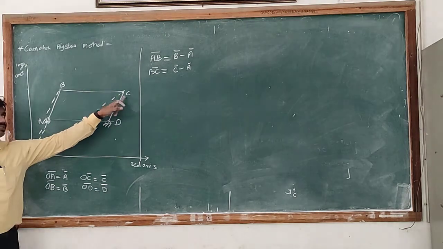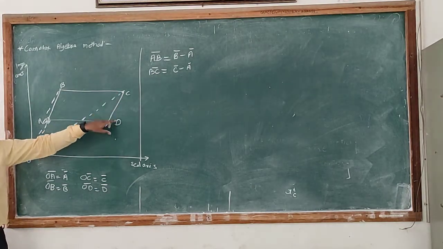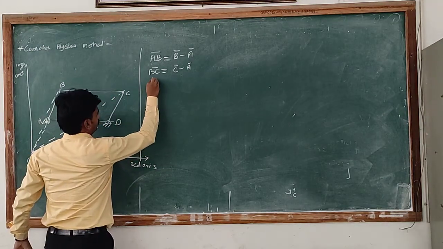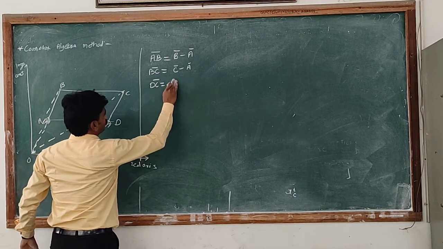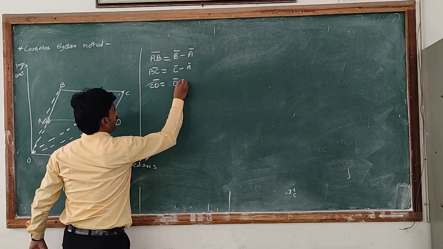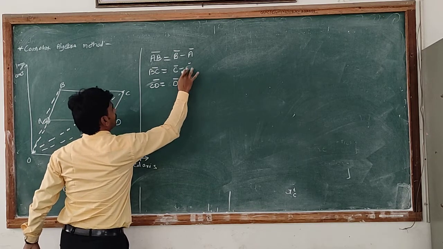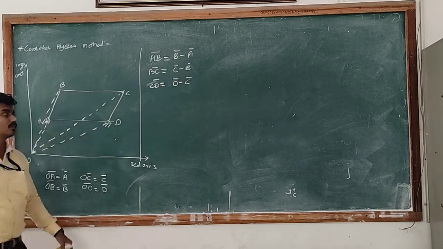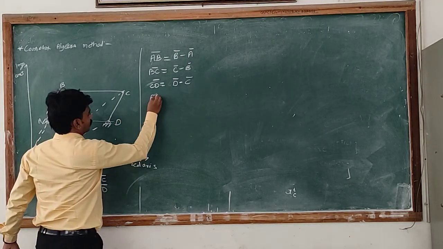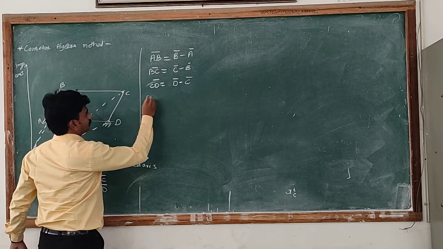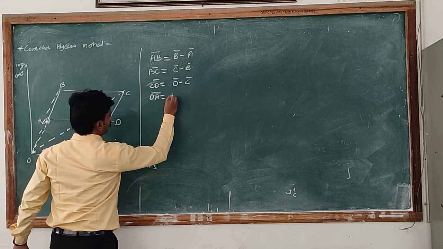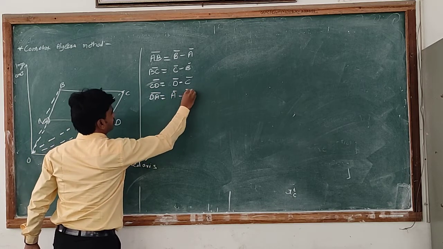Similarly, the point D with respect to C can be represented as CD bar, which is equal to D bar minus C bar, and DA bar is equal to A bar minus D bar.